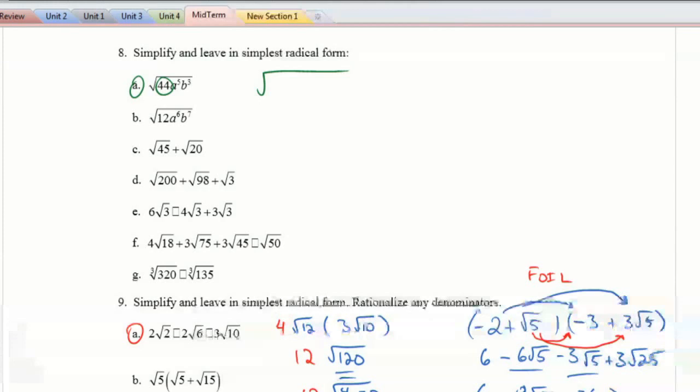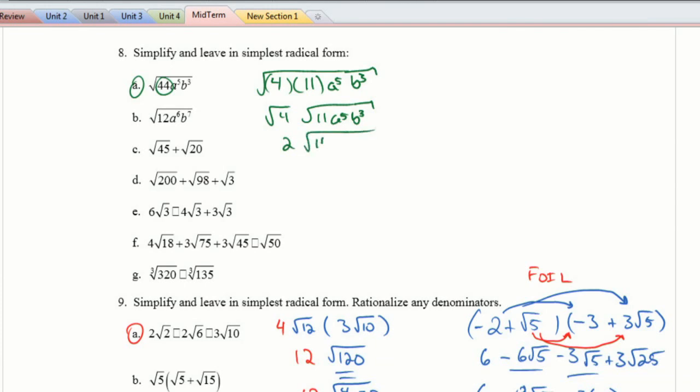I would break this 44 into 4 and 11. Then I have a to the 5 b cubed. I'll write it as root 4 times root 11 a to the 5 b cubed. And this is 2 root 11 a to the 5 b cubed.